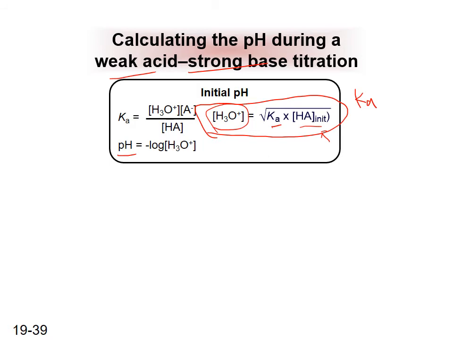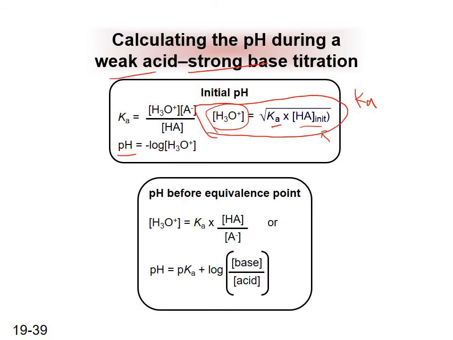After hydroxide is added, but before the equivalence point, how do you calculate pH? If it's a strong acid, strong base, we calculate the total number of moles of hydronium ion, and then subtract the number of moles of hydroxide. Then you can calculate the concentration of hydronium ion remaining in the solution. So that's for strong acid, strong base. For a weak acid, the problem is that the hydronium ion amount is not clear, because only part of it dissociates.